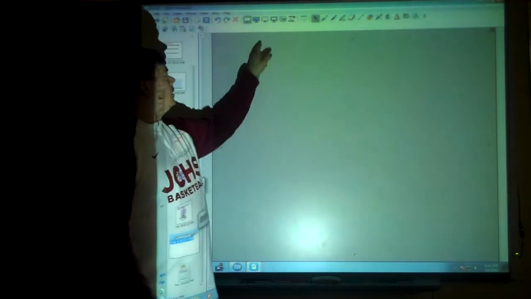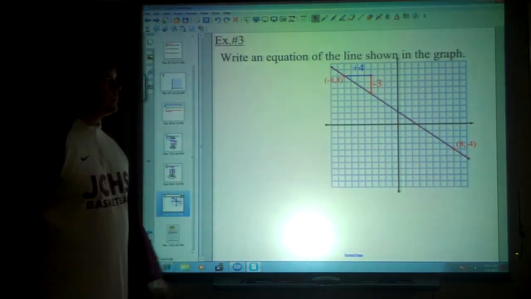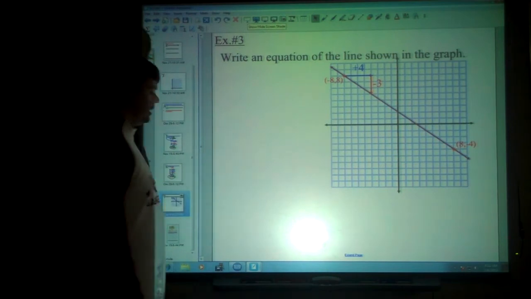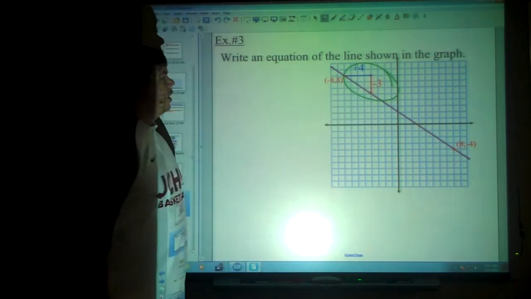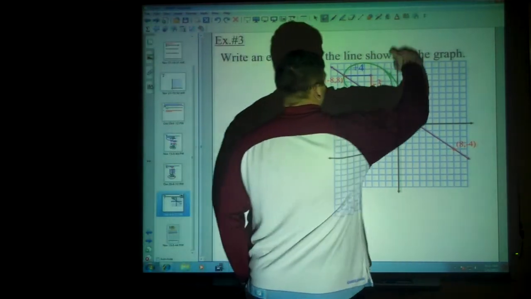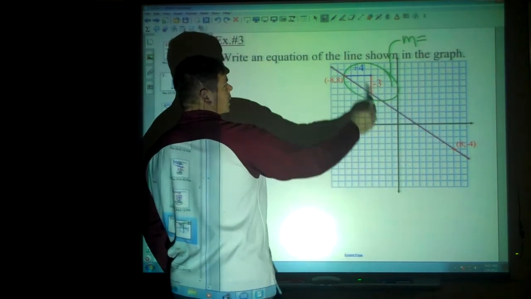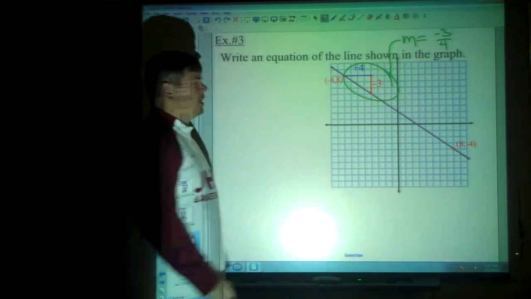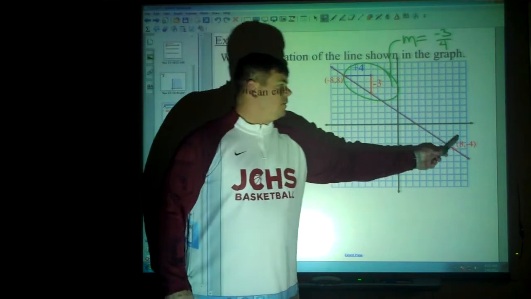All right, one more. Write an equation for the line that's shown. Now, you might think this is a different problem, but it's really not. If you'll notice right here, this is giving you the slope. According to this, the slope is rise over run, -3 over 4. And I can use that slope and either one of these coordinates.